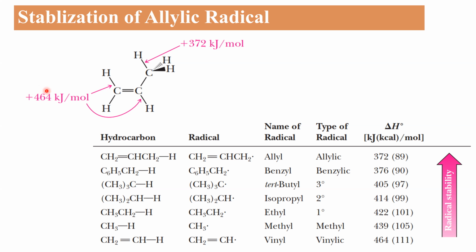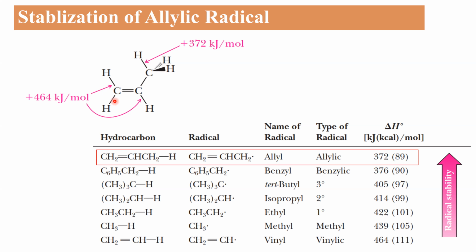So that is what is happening in this reaction: when we are providing the temperature, this bond breaking is far easier as compared to this one. And the reason is that this allylic radical is more stable as compared to the vinylic radical.